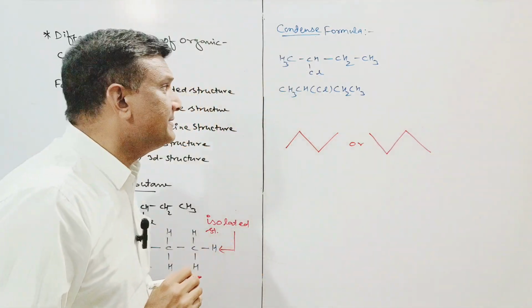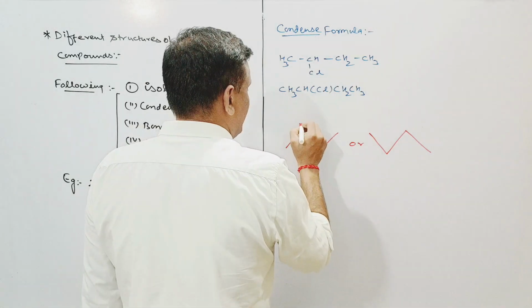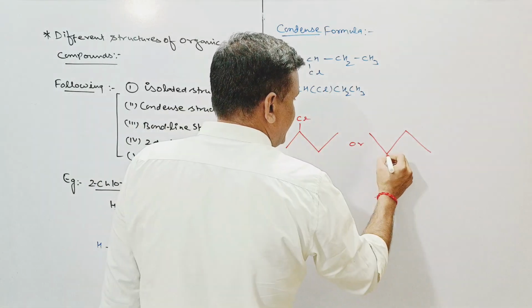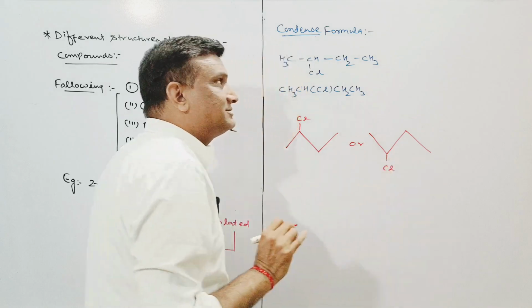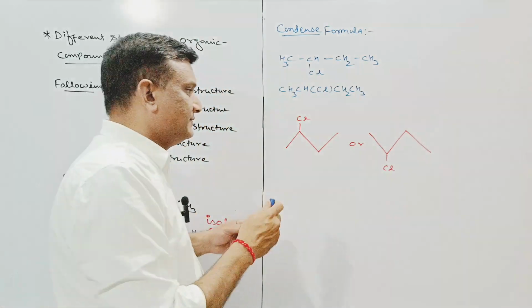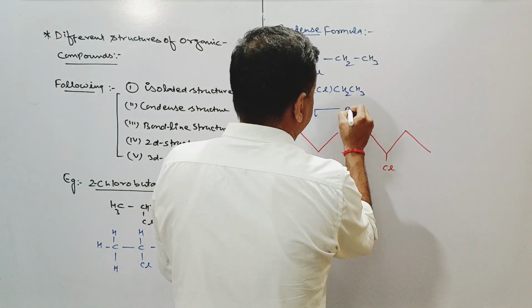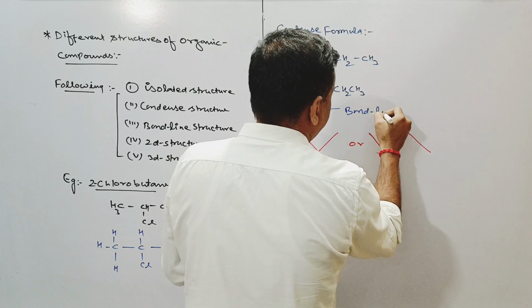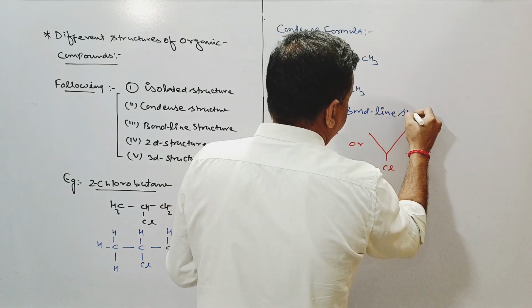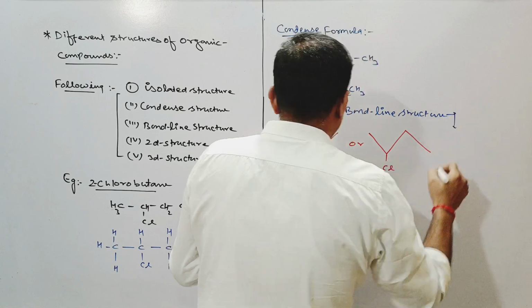Over the number 2 position there is Cl. So you can write Cl here, or you can write Cl here. This is the bond line structure.